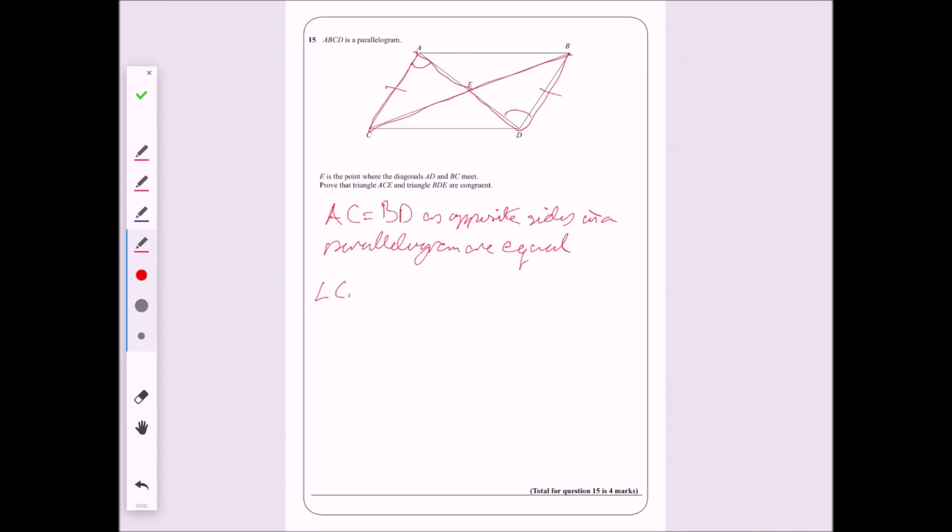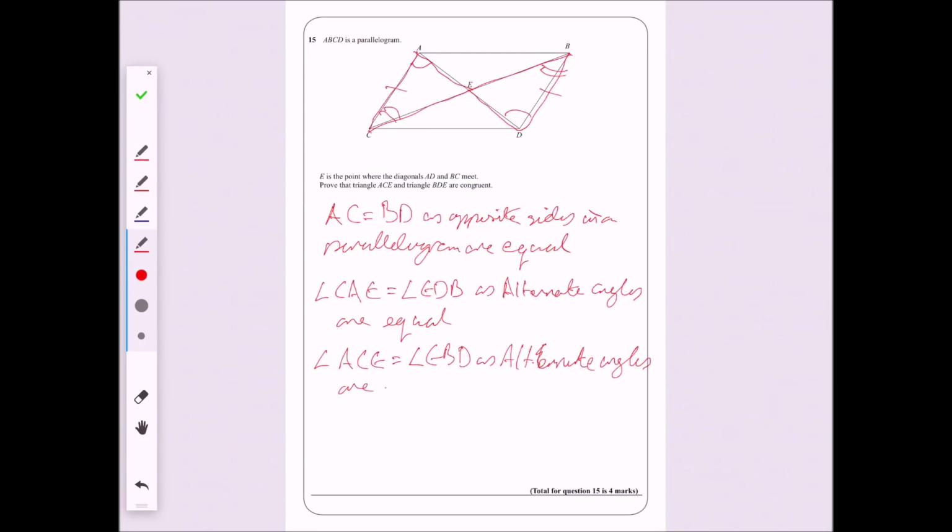So angle CAE is equal to angle EDB, as alternate angles are equal. And also this angle here and this angle here are alternate as well. So angle ACE is equal to angle EBD, again as alternate angles are equal.